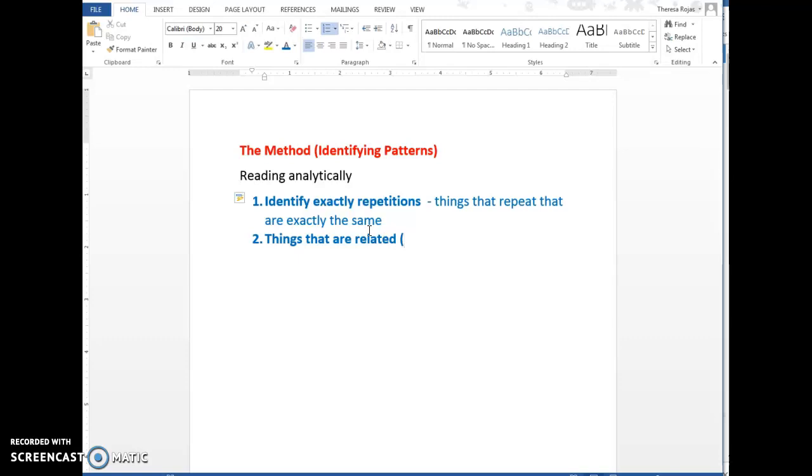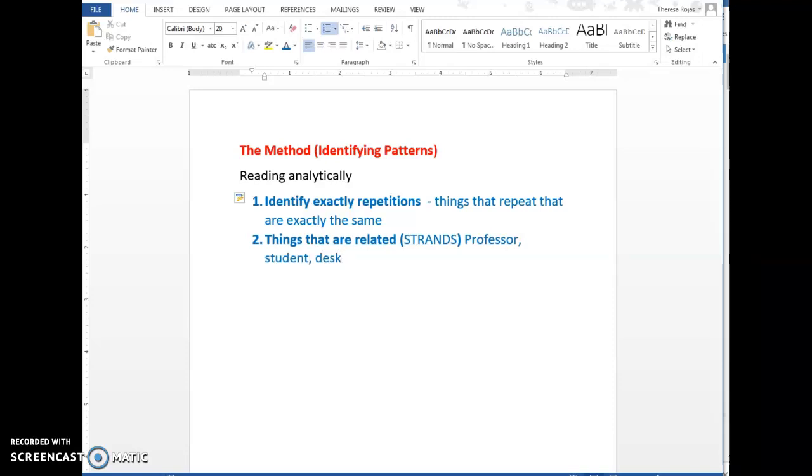These are also known as strands. So it's not the exact thing repeated over and over again, but they are related. For example, professor, students, desk.